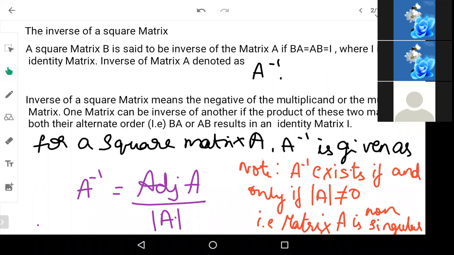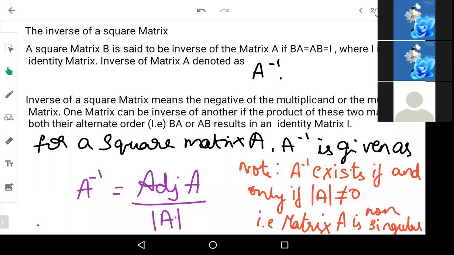Let us understand. A square matrix B is said to be an inverse of a matrix A if B into A is equal to A into B is equal to I, where I is the identity matrix.